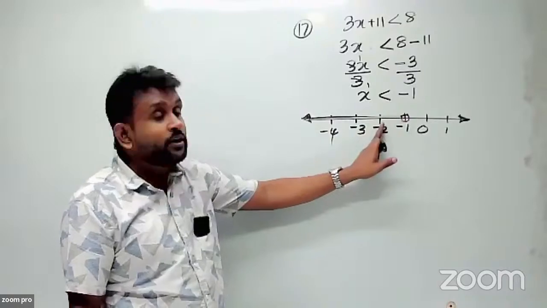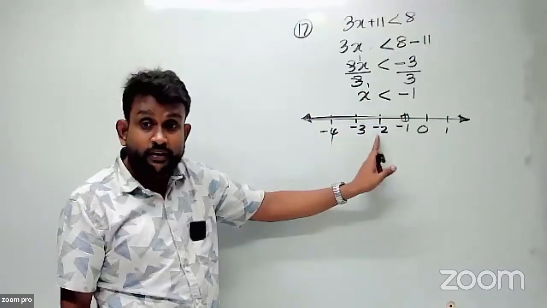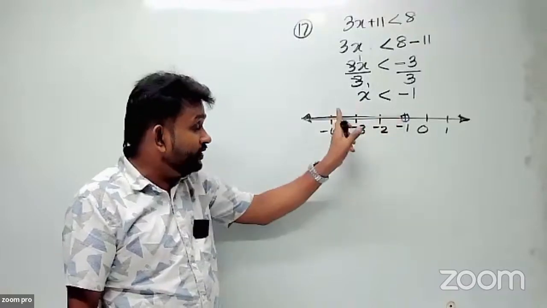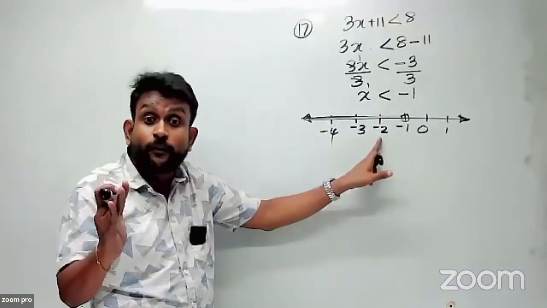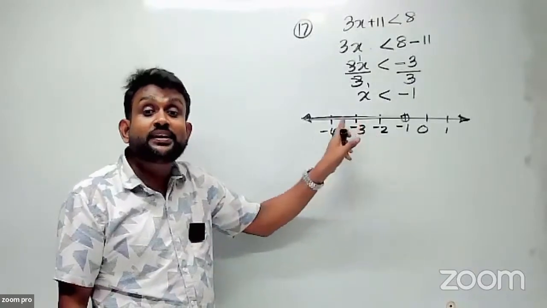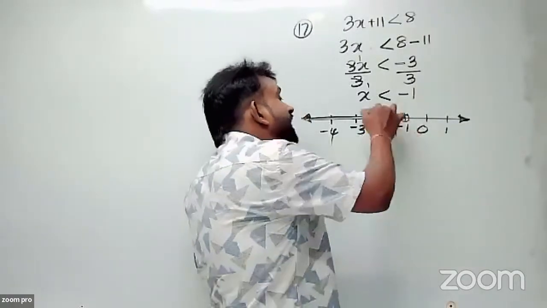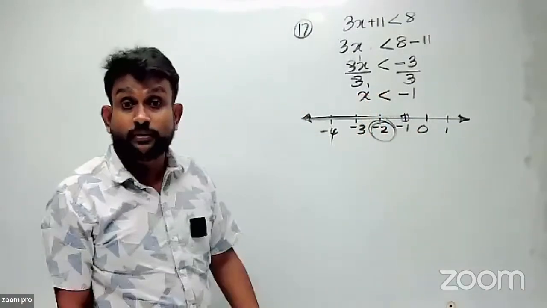The first integer that satisfies this inequality is negative 2, and the others are less than that. So the maximum integer satisfying this inequality is negative 2.